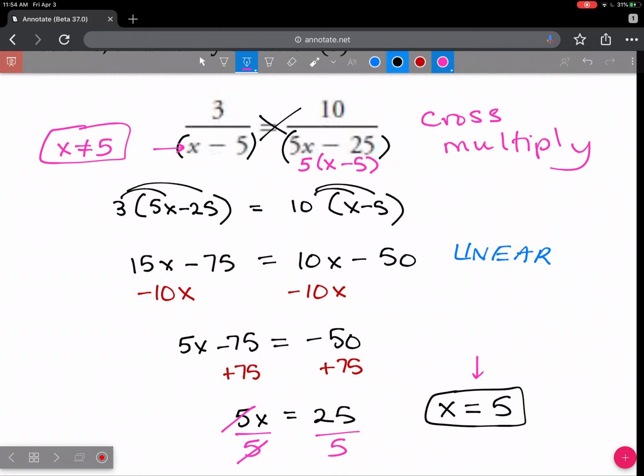And so if you end up in a situation like this where the only answer you get is also a non-permissible value, then we have to say no solution. This rational equation has no value that satisfies for x.